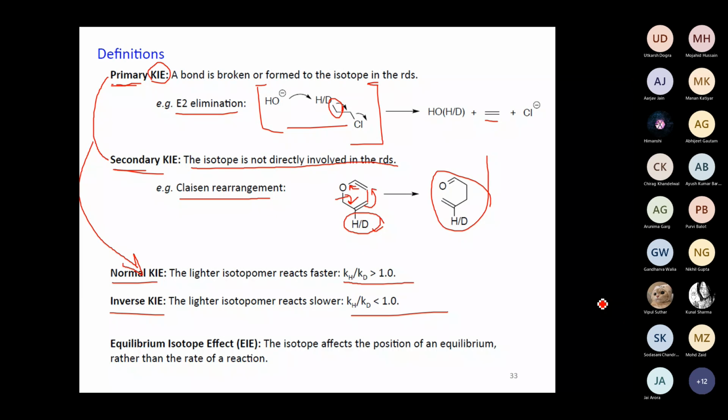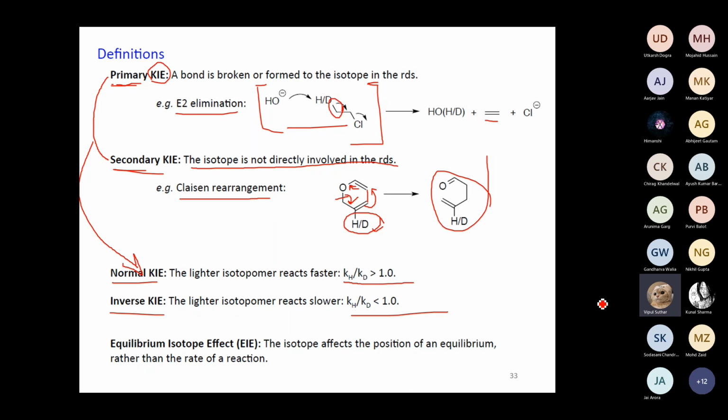I understand KH by KD will be different, and depending on the value it may be greater than 1 or less than 1. But why? That I will discuss tomorrow at 12 o'clock. All right, see you tomorrow. If you have any questions, you can ask me.